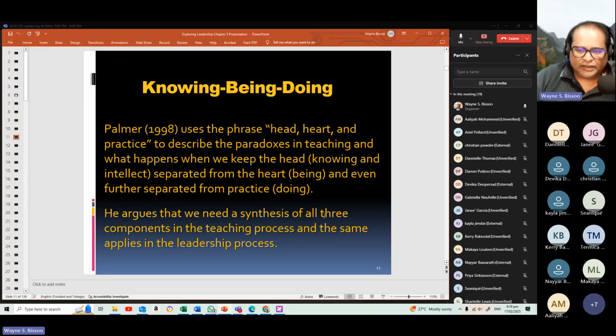Your heart has to do with the passion that you feel about it. And those two things, your knowledge and your passion, then find their way into the practice of how you go about it. If you understand that your knowledge base, the head and the heart, are critical in determining how you practice, it's something that you can see very quickly.